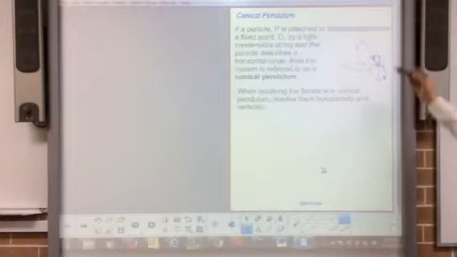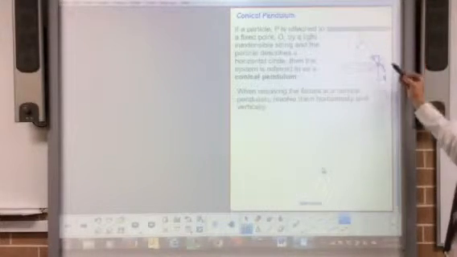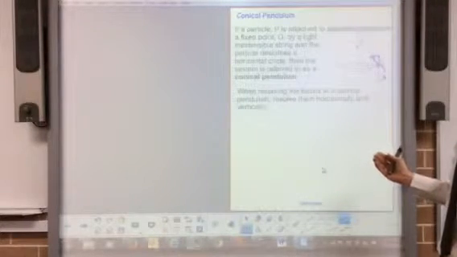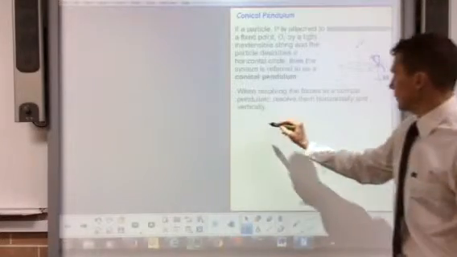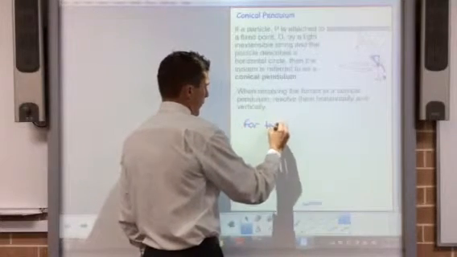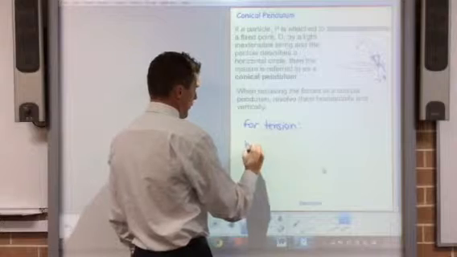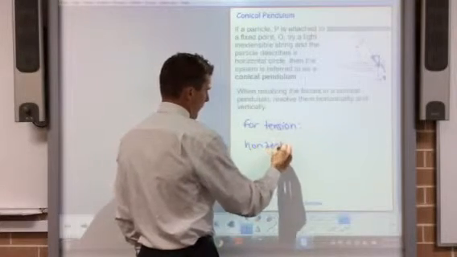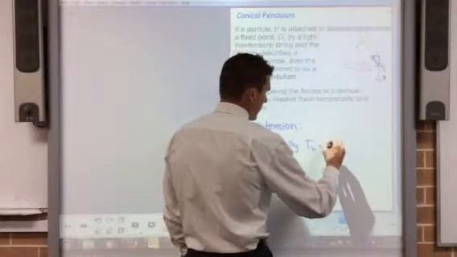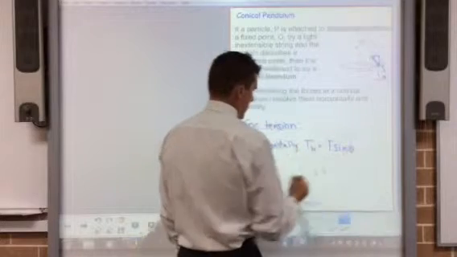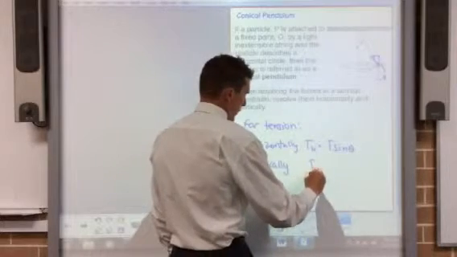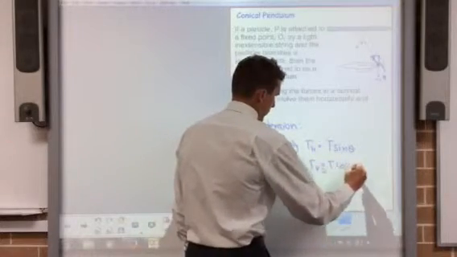And then we can have the horizontal component of the tension and the vertical component of the tension that we can then resolve against gravity pulling down on the object. Okay, so we've got for the tension, horizontally, so you might call this TH, is going to be T sine theta, and vertically we've got T cos theta.